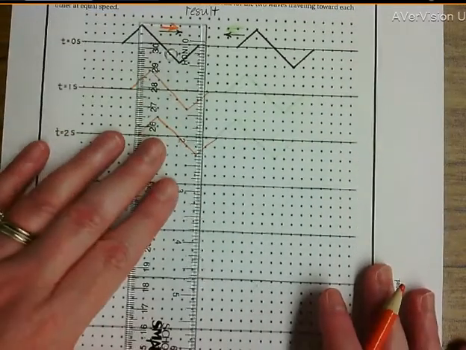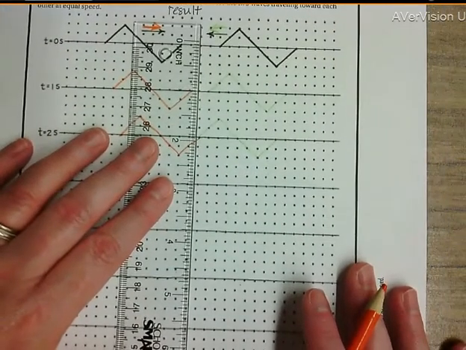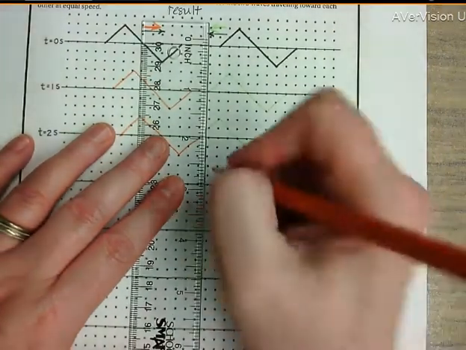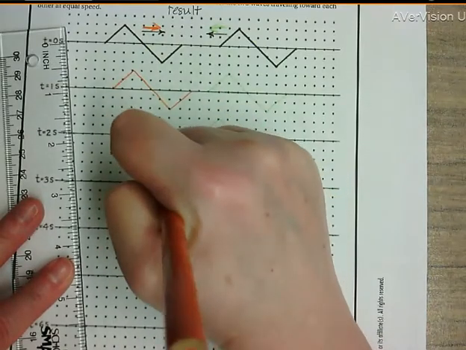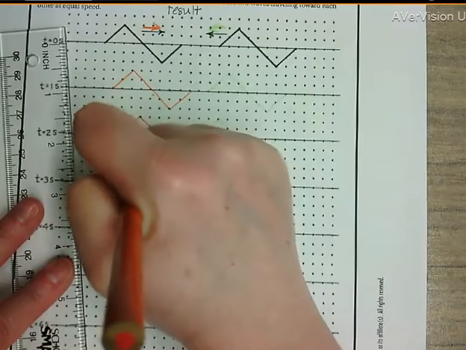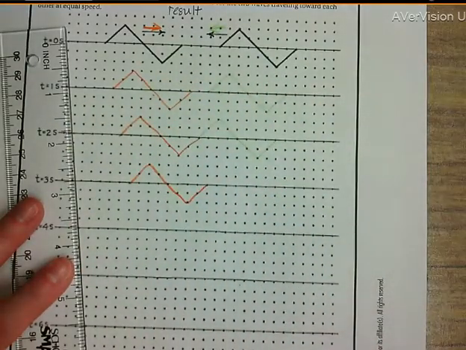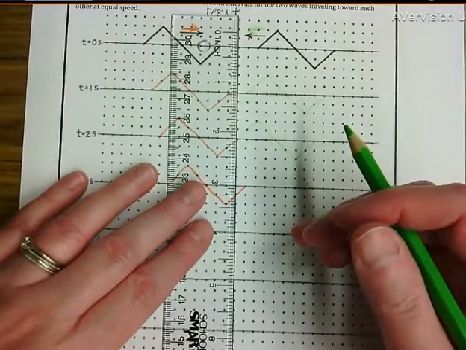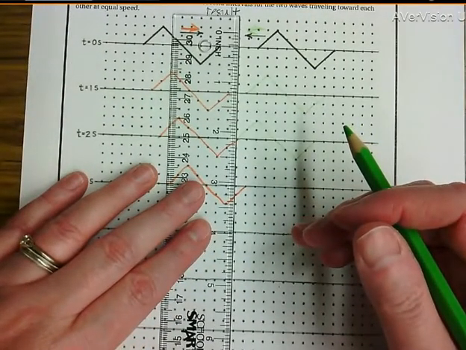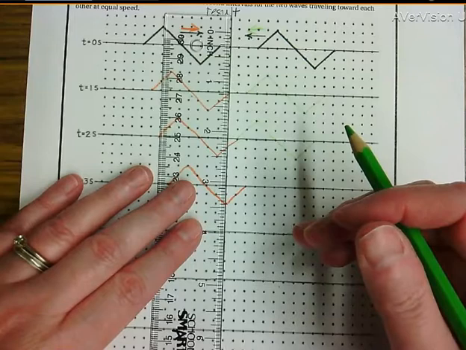All right, I've got my red in my hand, so I'll do that one first. So it's going to go over one. So it's going to be here. Goes down two more, down two. Okay. My green was here. So it's moving over one.